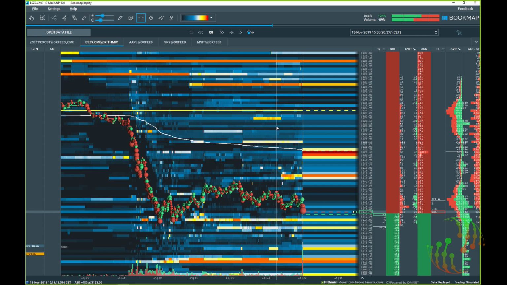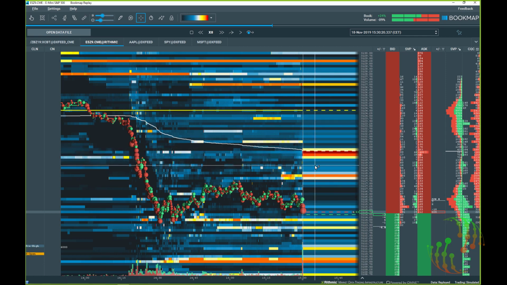It's a huge volume level surrounded by lighter volume. That means this will be a very significant level to watch. You are talking about this level here? Yes. The red line, an orange line, and two yellow lines.